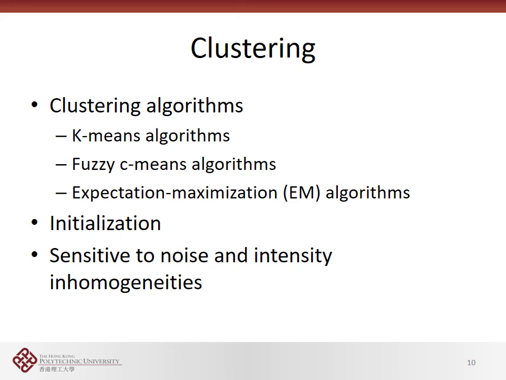There are also some shortcomings of clustering algorithms. First, it heavily depends on initialization. If the initialization is not good, it's quite difficult for a clustering algorithm to achieve good segmentation results. So initialization is very important. Second, clustering algorithms are also very sensitive to noise and intensity inhomogeneities.